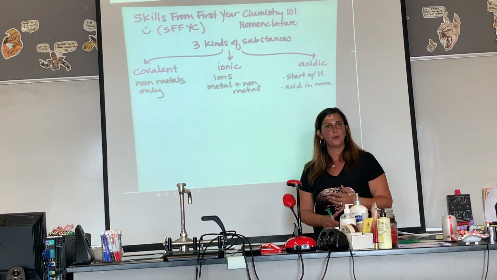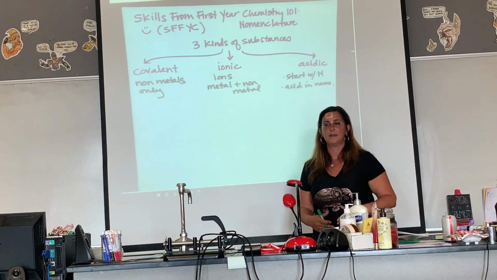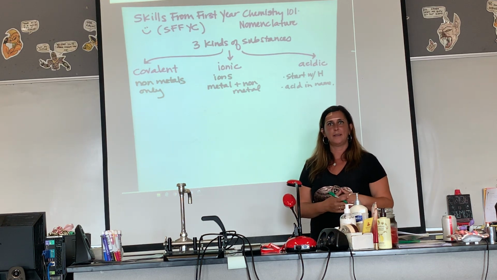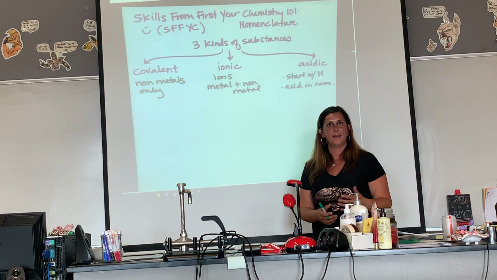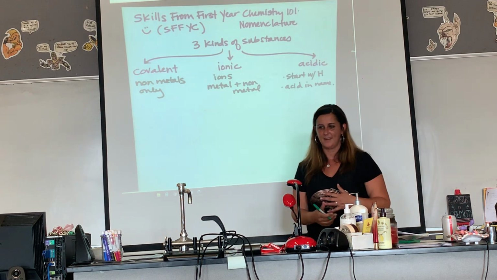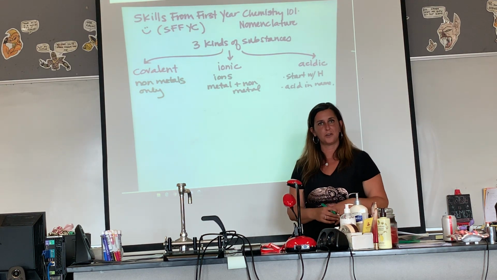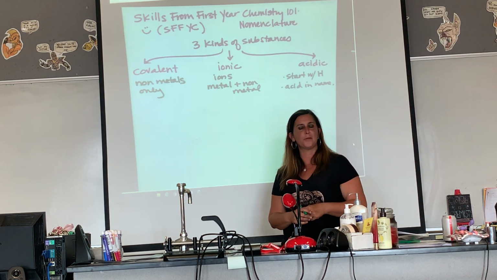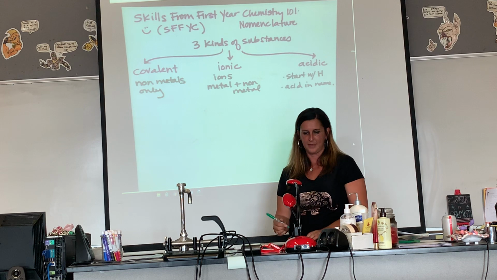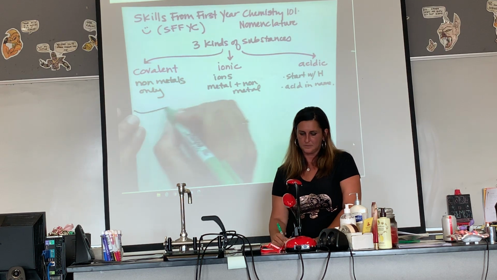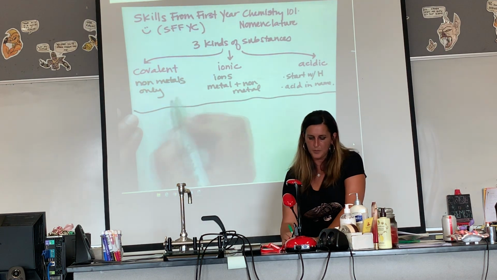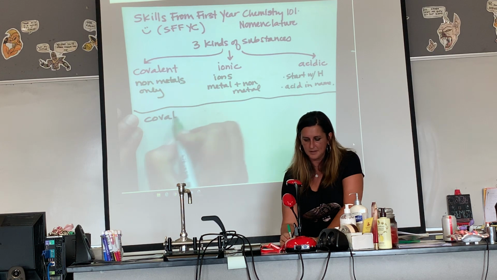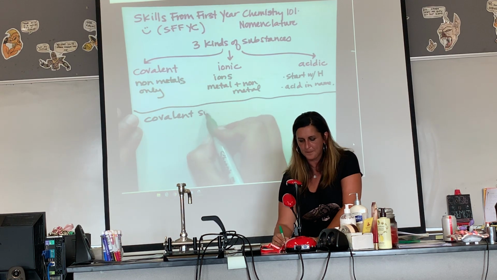We're going to start off with covalent substances in this little lecture, and then we'll go on to ionic and then acidic. And that'll all be under nomenclature, which will be in Skills from First Year Chemistry 101. Okay. So what we want to do first is look at covalent substances.